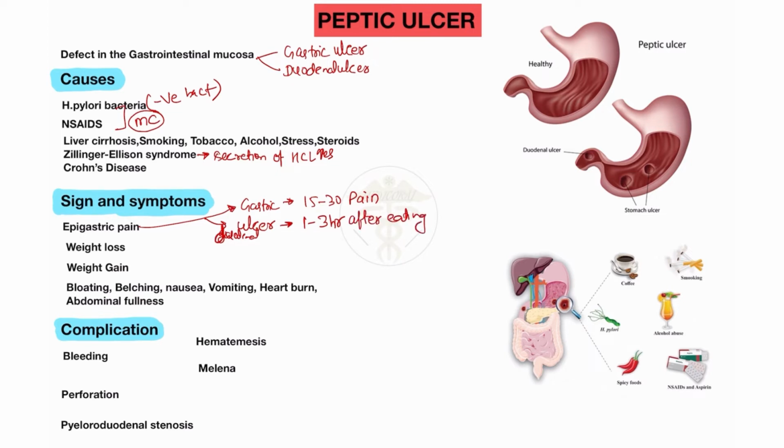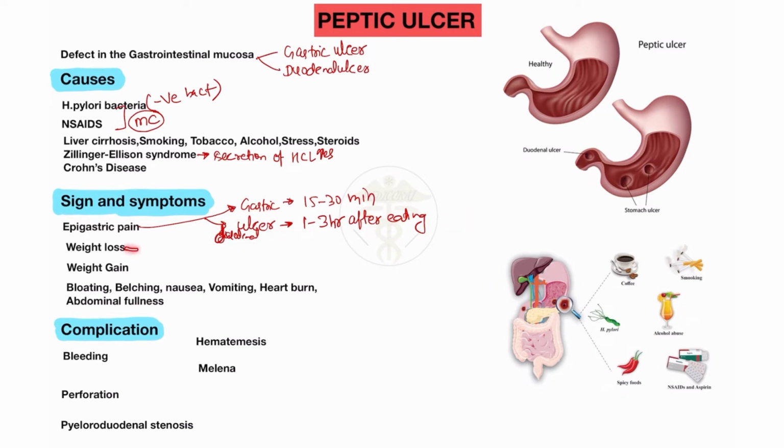But when a gastric ulcer occurs, the pain occurs 15 to 30 minutes after eating. This is the difference between the pain in gastric and duodenal ulcer. When the patient has a gastric ulcer, pain occurs 15 to 30 minutes after eating, and with a duodenal ulcer, pain occurs 1 to 3 hours after eating food.